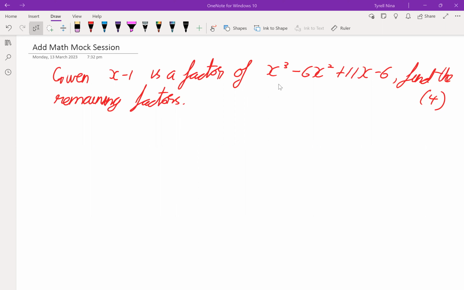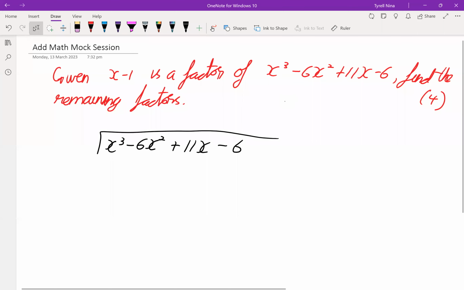Right, so let's line it up. We will go x cubed minus 6x squared plus 11x minus 6.